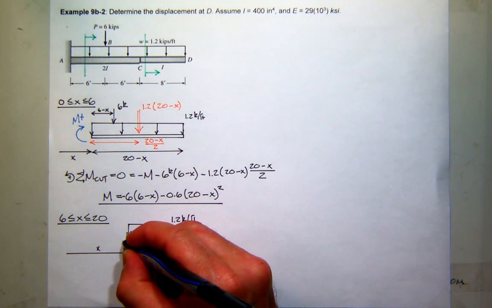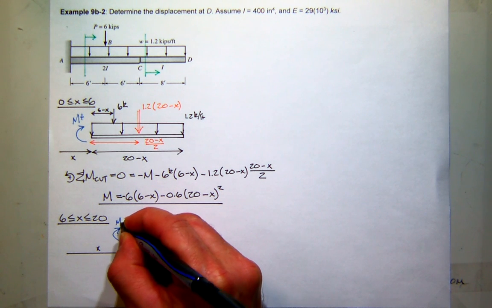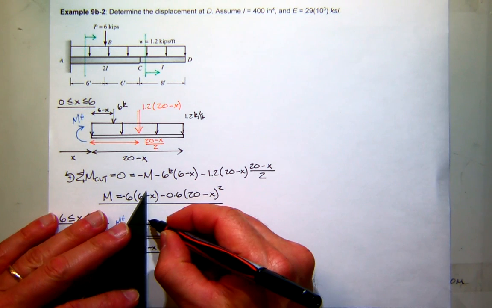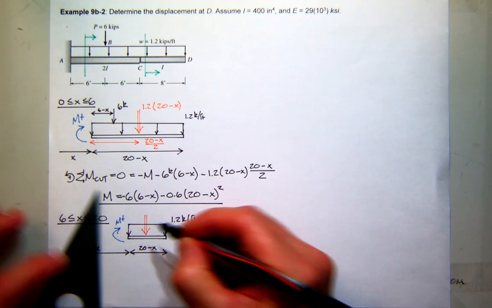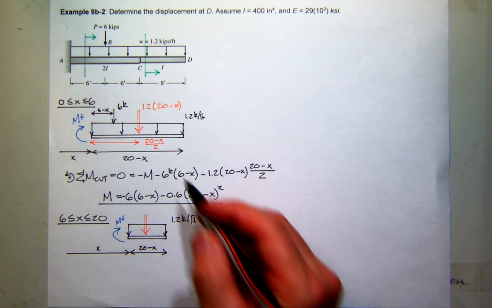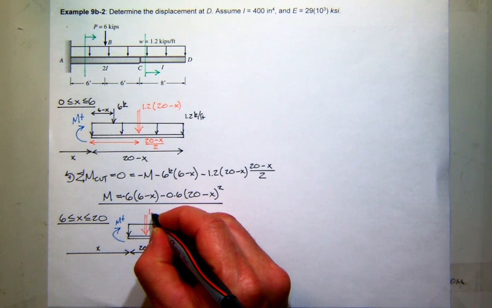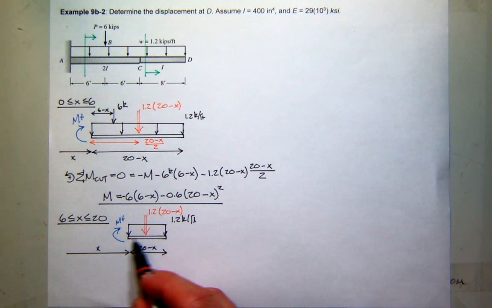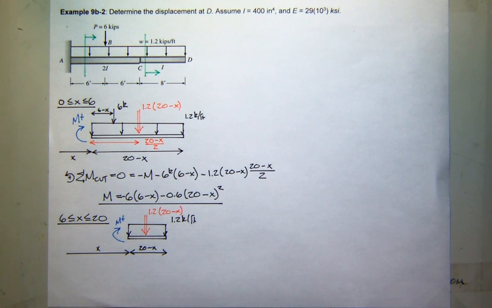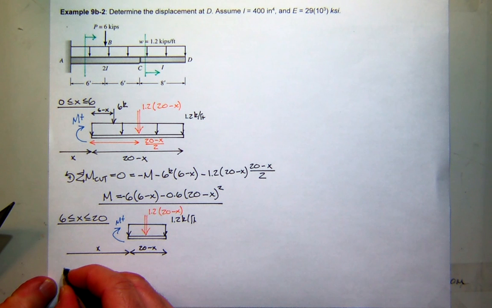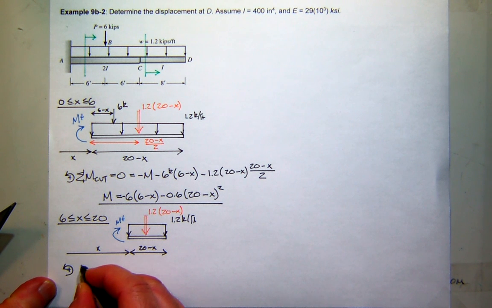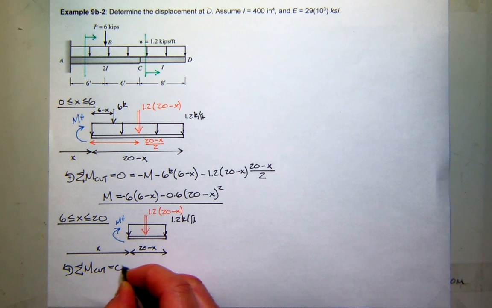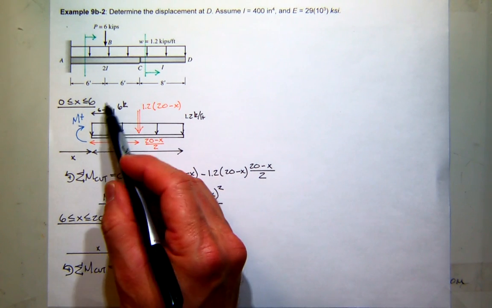I still have my internal moment I'm trying to find. And I'll take that distributed load and get a concentrated equivalent force, which will be the area of the curve. Looks just like the one we had before, 1.2 times 20 minus x. And the distance from the cut, 20 minus x over 2. So when I do my moment here, it's going to look very close to the one I calculated previously, except I won't have this term in it.